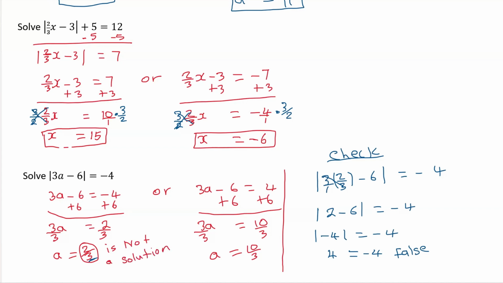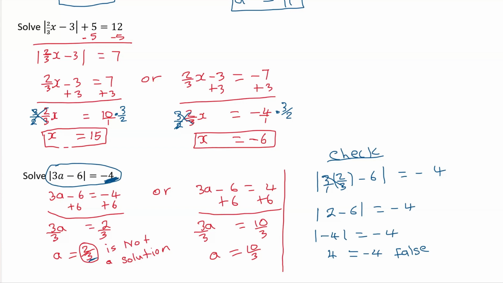All right. So if we do the same thing for 10/3, it will also be false. Now, why is it that when we solve, these two are not solutions? Well, let's go back to the original problem. The original problem was asking you to solve the absolute value of something that equals a negative number.